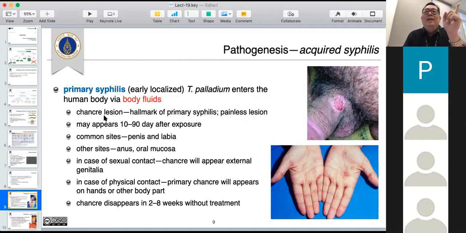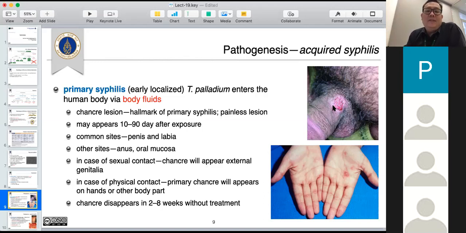Chancroid is caused by Haemophilus ducreyi. If you remember, that is a lesion with a very soft edge around the lesion. Once it's soft, there can be inflammation around and underneath the lesion, under the skin. But for chancre, the edge of the lesion will be lifted up.